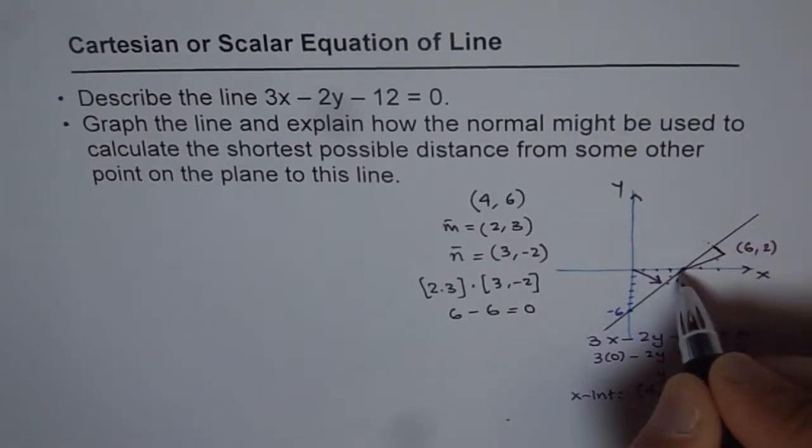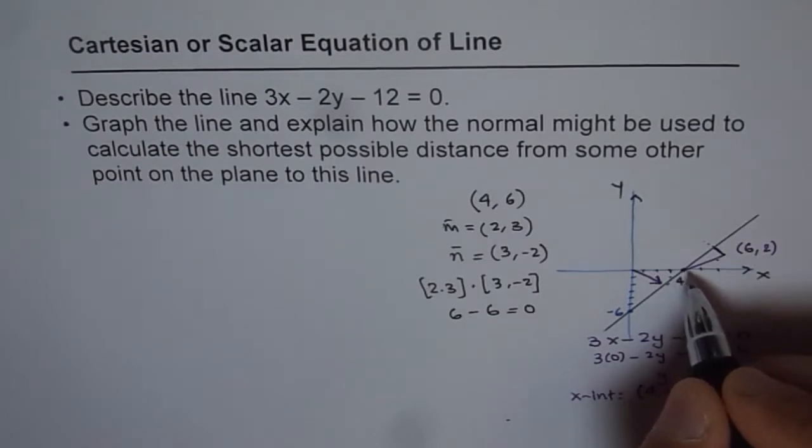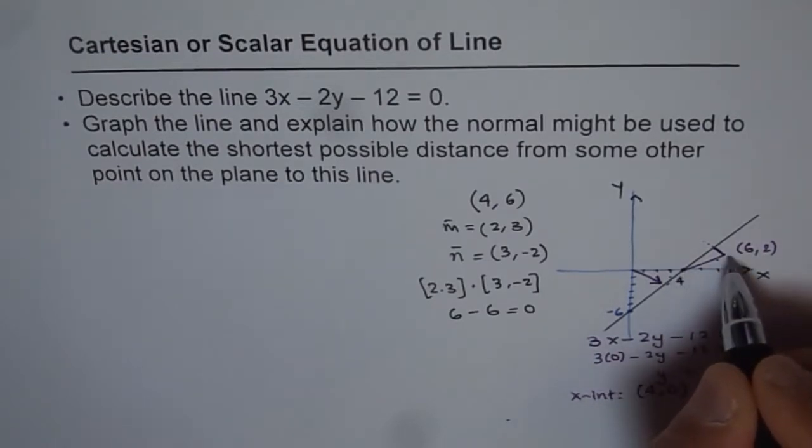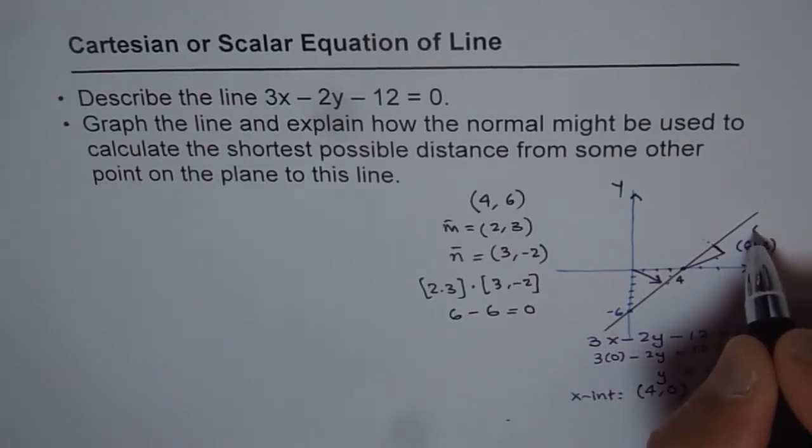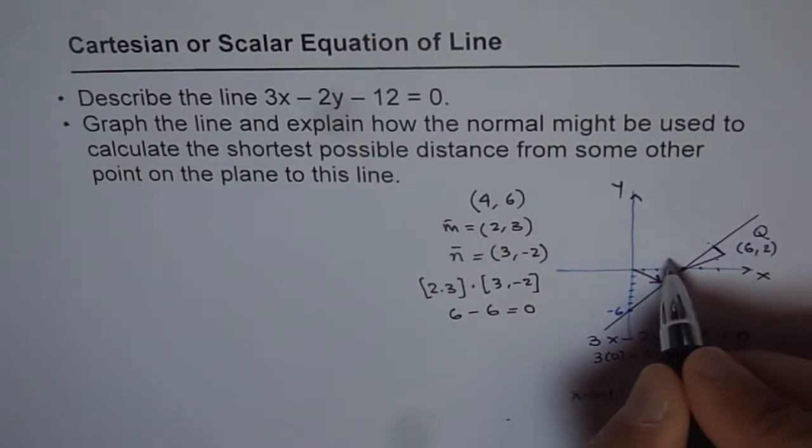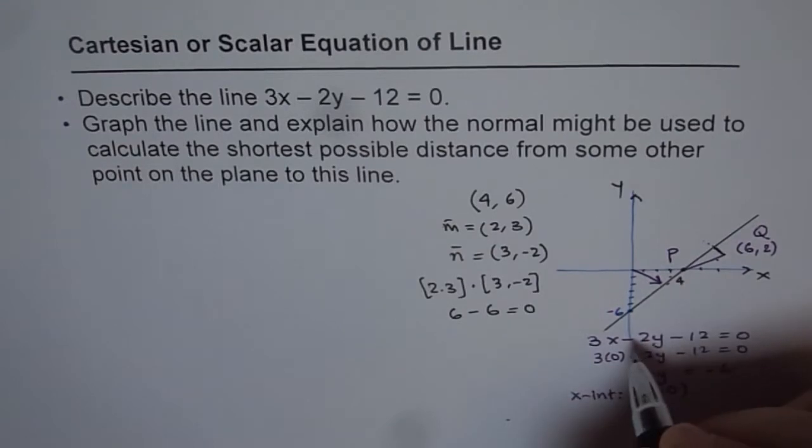If I connect any point on the line, I'm taking this x-intercept for the time being, with my exterior point, let me call this Q and this point P, the x-intercept.